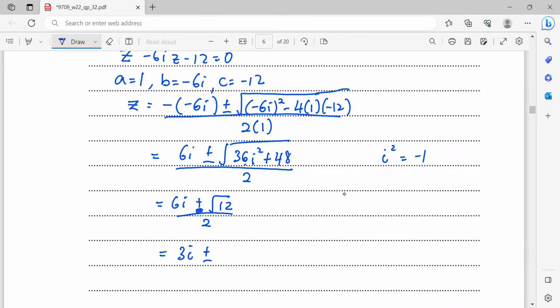The square root 12 is basically 4 times 3. Square root 12 is the square root of 4 times 3, so square root 4 times square root 3. Therefore, I'm getting 2 square root 3. Now if here is 2 square root 3, then divided by 2, at last it will be just square root 3.